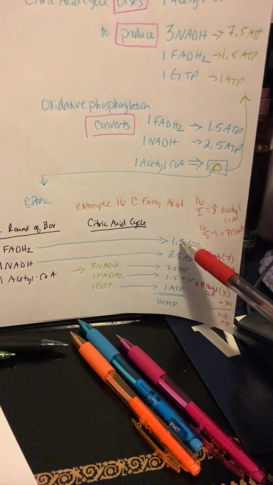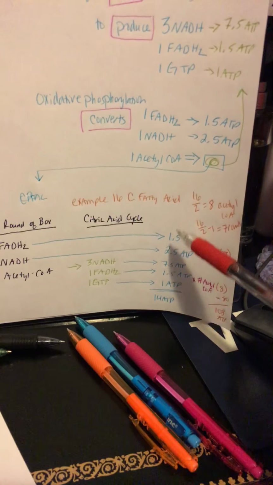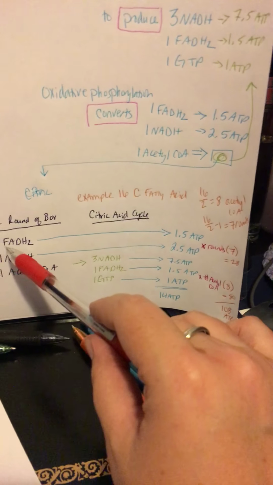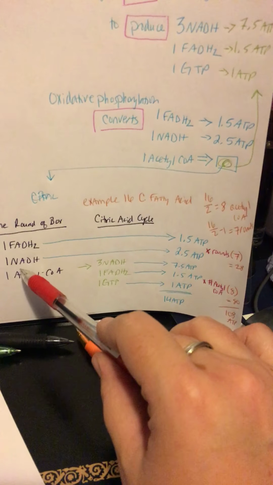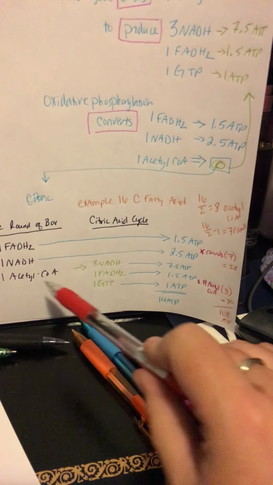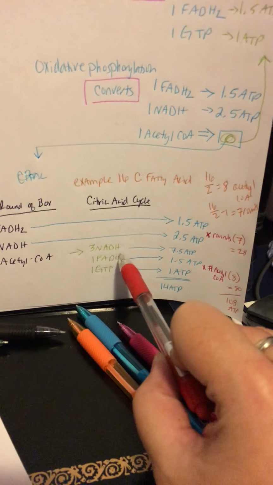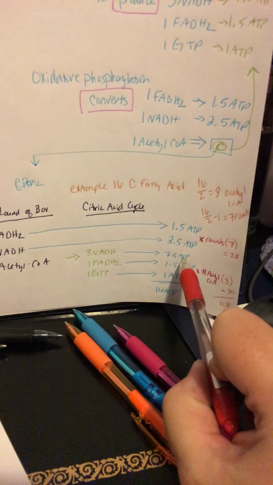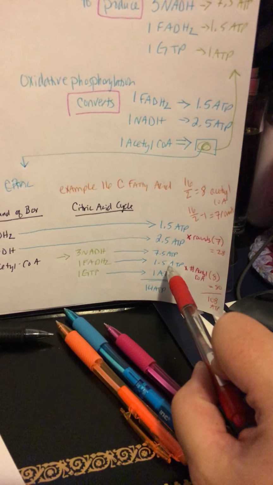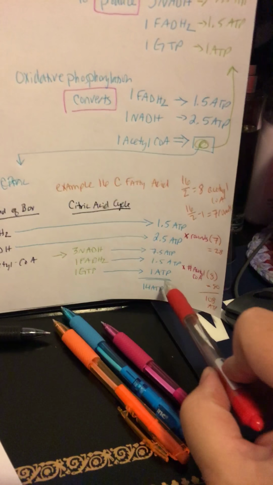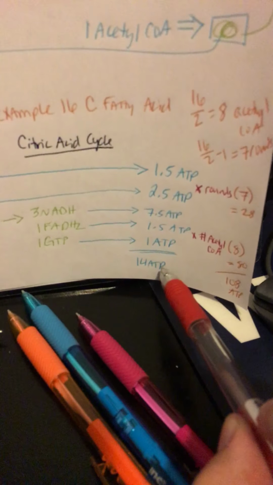And then if we carry it all over in oxidative phosphorylation, which it should say oxphos right there, that's going to produce 1.5 ATP from the original FADH2, 2.5 ATP from the NADH, and then this 1 acetyl-CoA that was then in the citric acid cycle converted into the 3 NADH, that's going to convert into 7.5 ATP. The 1 FADH2 is into the 1.5 ATP, and then the 1 GTP is going to be the 1 ATP. So that gives us 14 ATP.